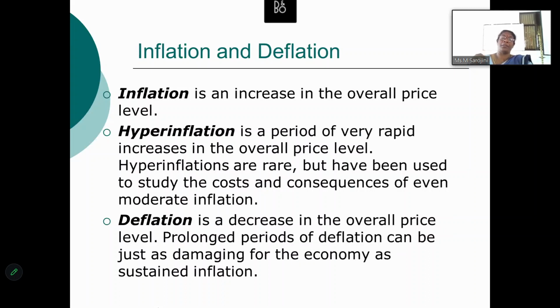But the other way around, if the overall price level is increased, we call that inflation. If it is decreased, we call that deflation. Hyperinflation. What is hyperinflation? It's a period of very rapid increase in the overall price level.